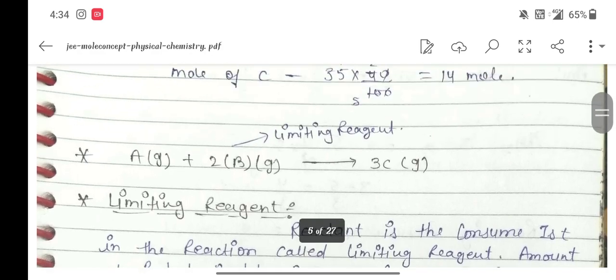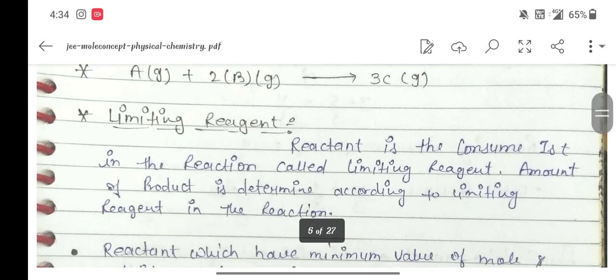So what is a limiting reagent? The reactant that is completely consumed in the reaction is called the limiting reagent. The amount of product is determined according to the limiting reagent in the reaction. So the amount of product we get is determined by how much of the limiting reagent we have put into the reaction.